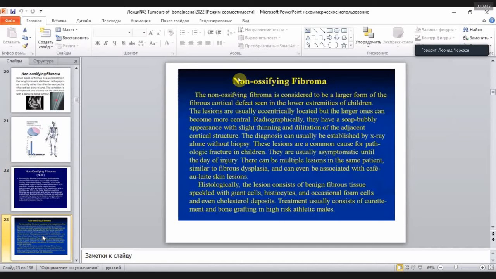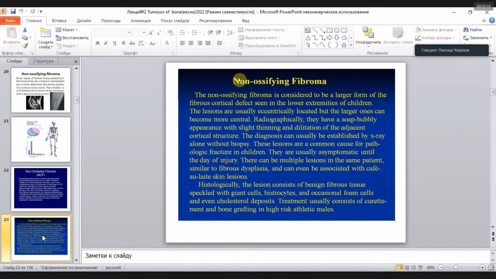The non-ossifying fibroma is considered to be a large form of the fibrous cortical defect seen in the lower extremities of children. The lesions are usually eccentrically located, but the large ones can become more central.